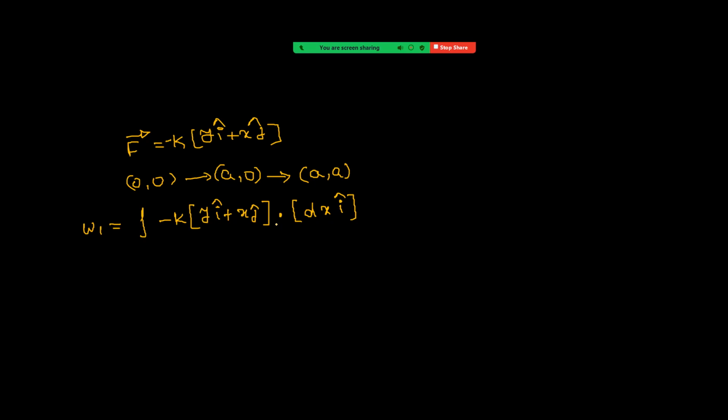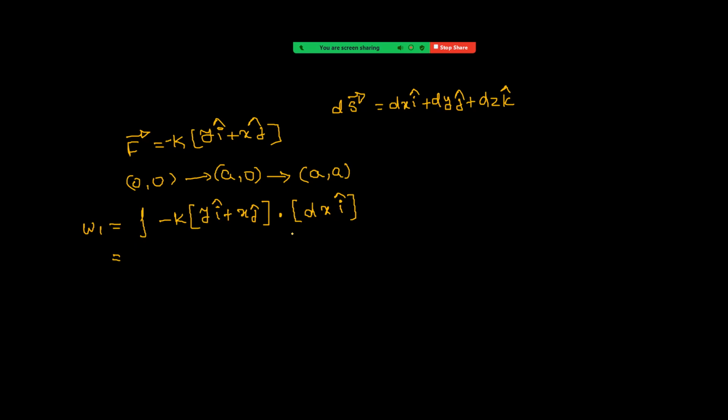We have to write F bar dot ds bar. Remember, ds bar means dx i cap plus dy j cap plus dz k cap. We are taking a small displacement vector. Now in this problem, it moves only along the x-axis. That's why there is no dy and no dz, only dx i cap. See how much we get.